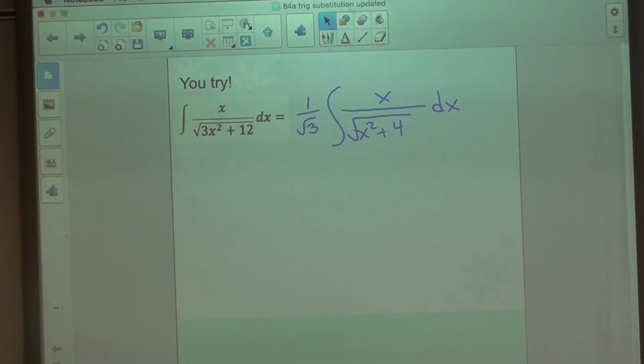Which side did the root x squared plus 4 end up on? Hypotenuse.